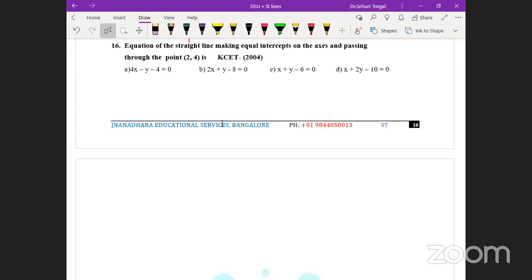See here. Equation of the straight line making equal intercepts indicates, remember, the x coefficient and y coefficient are equal. If you see the words equal intercept, then remember these two coefficients must be the same.